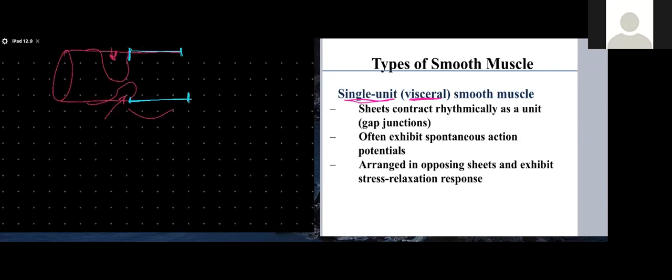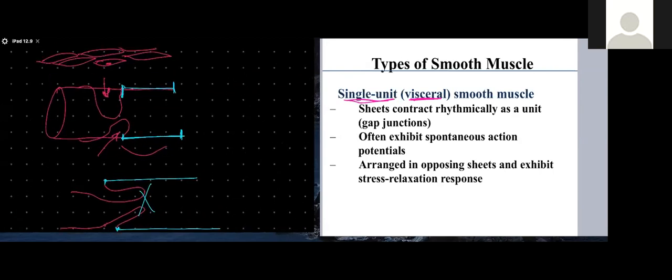This part that was contracting is going to be passing to the inside of the segment that failed to contract, like this, causing blockage of the intestines.